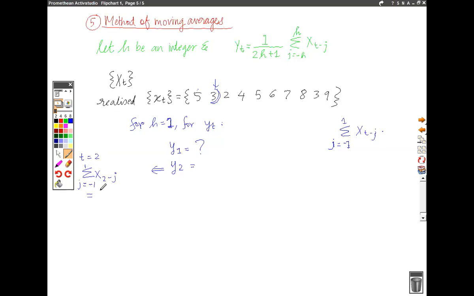So this will be what? x2 minus of minus 1 will be plus 1, x3, plus then j will take 0, so this will be x2, and then j is going to take the value 1, so it will be x1, right? So I have x3 plus x2 plus x1, and I know that my 2h plus 1 is just 3. So my x1 is 5, and then 3 and 2 simultaneously, so I'll take 2 plus.